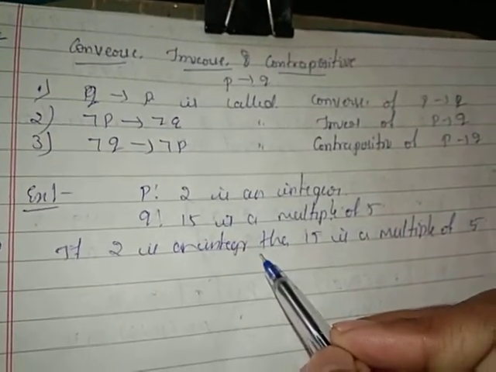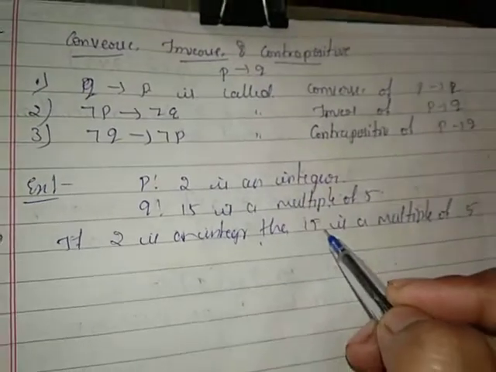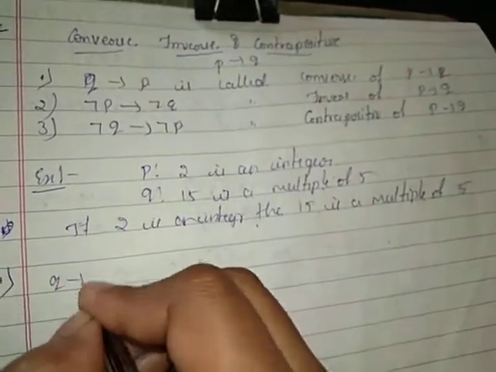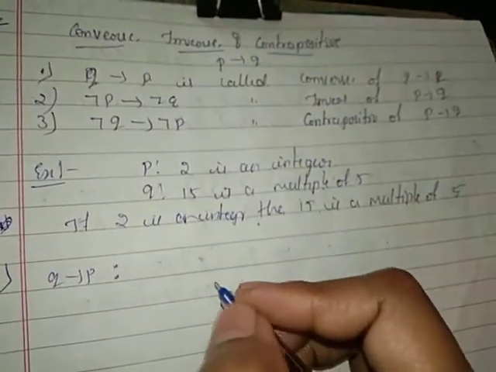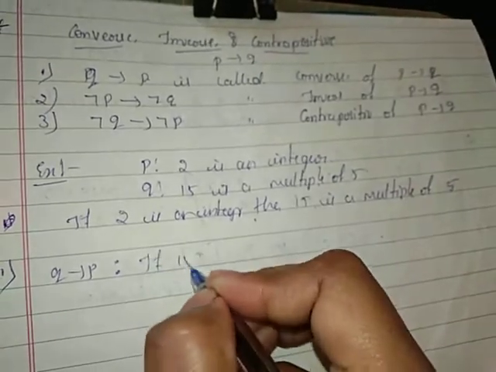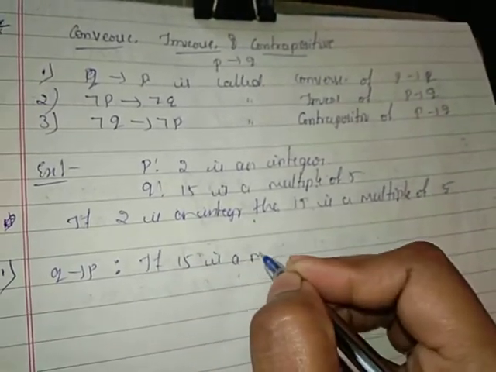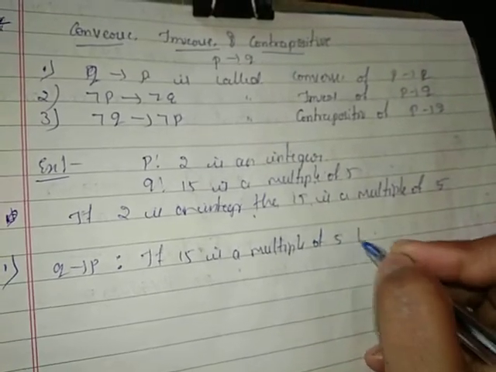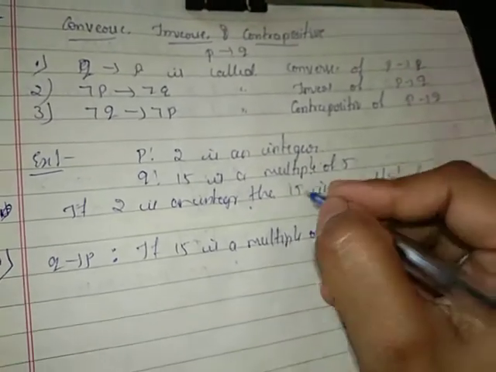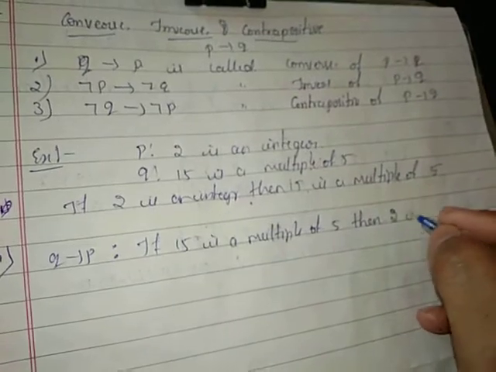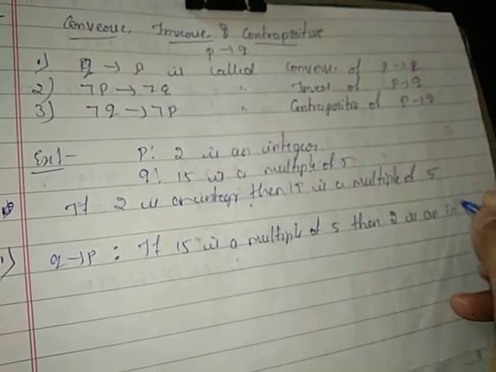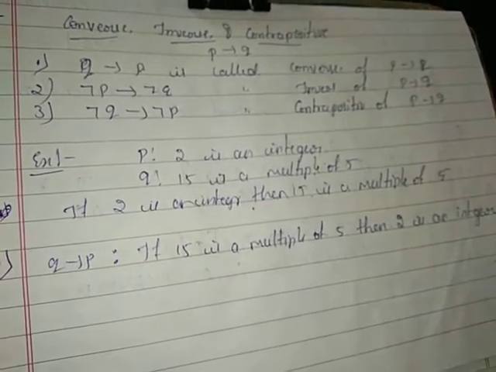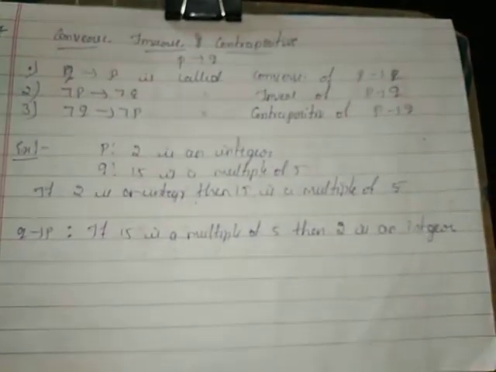Now the converse of this statement, means Q implies P, means if 15 is a multiple of 5, then 2 is an integer. That is your converse of the given statement.